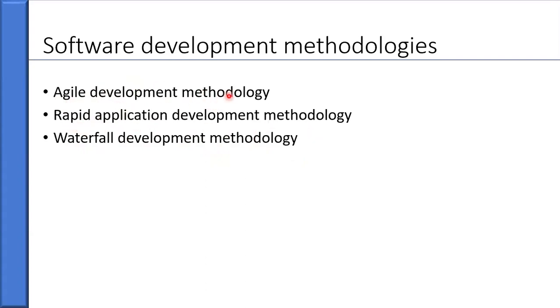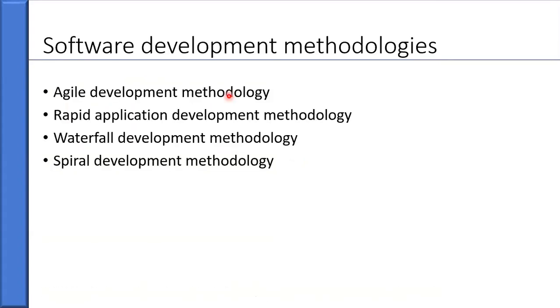Agile development means you have a very small delivery time. That means from requirement gathering to delivery is a very limited time period. Within that cycle, you perform all the required activities and then you develop the application.